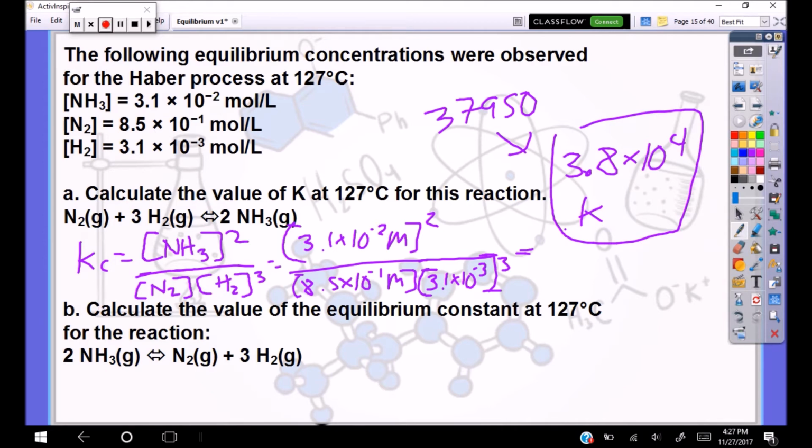All right. So now they want to know, what is my K in the reverse direction? Well, what word did I say to keep in mind when you hear reverse? Reciprocal. So I need the reciprocal K, right? So 1 over 3.8 times 10 to the fourth.